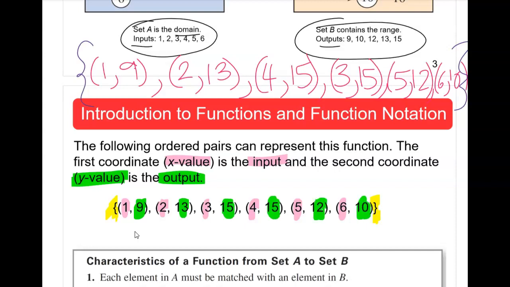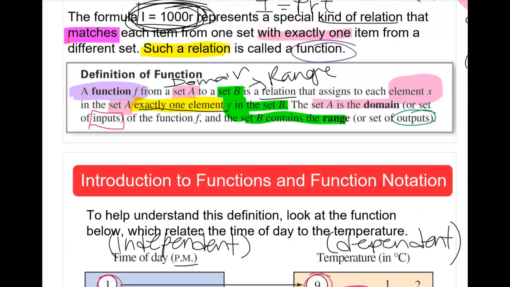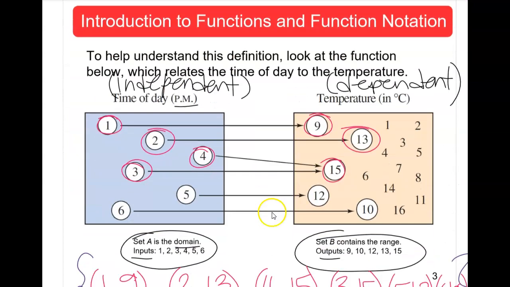And I know that you can already see that one number is repeating, 15. But let's see if that makes our relation not be a function. I want you to notice we already know it's a function, but let's see why. So in the definition, each element of set A, in this case the time of the day, has to be related to exactly one element in the set B. So let's see this.